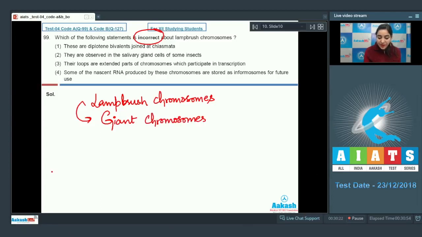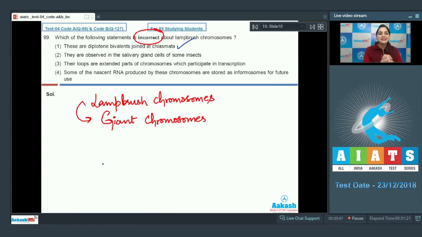They were discovered by Ruckert. Now, let's see what is given in the question. We have to find out the incorrect one. First option, these are diplotene bivalents joined as chiasmata, correct? They were not able to separate from one another. Therefore, after a period of time, they turn into this giant chromosome.